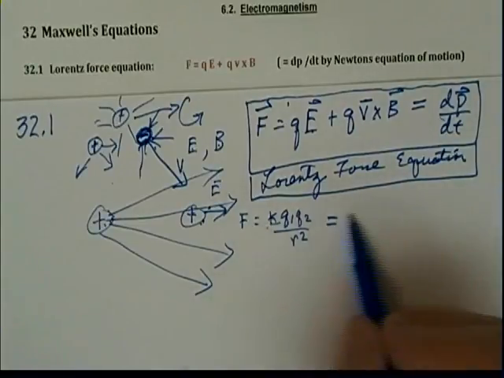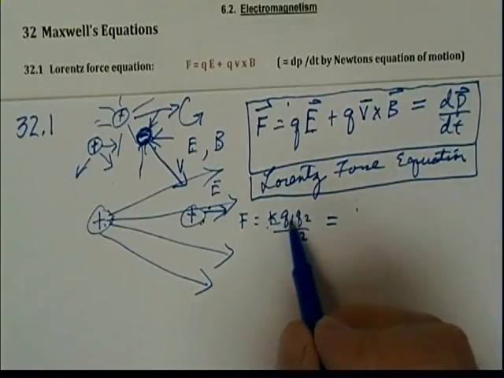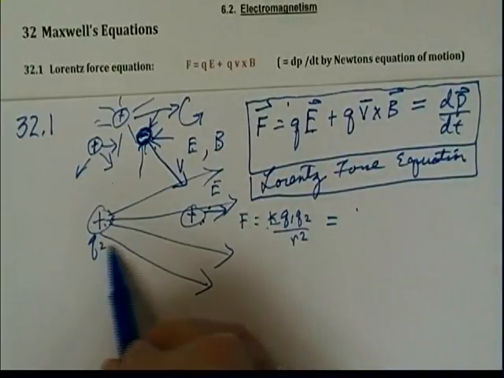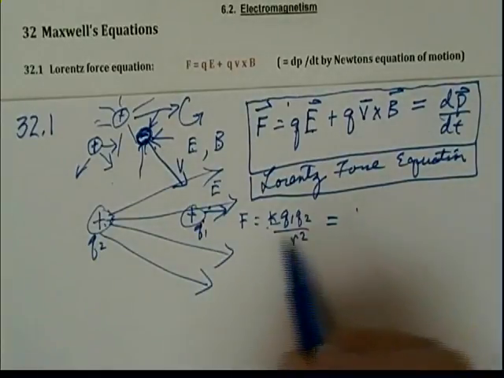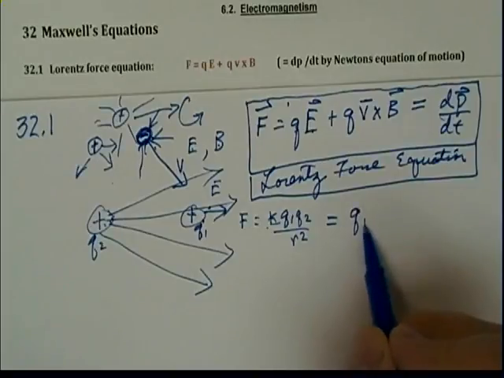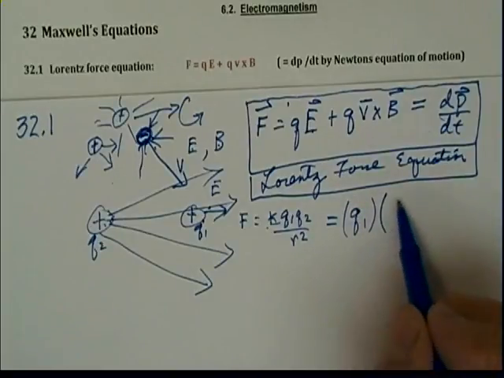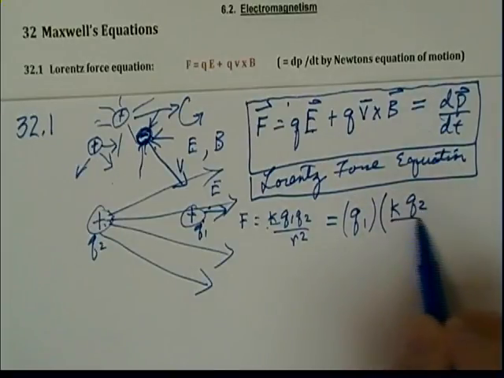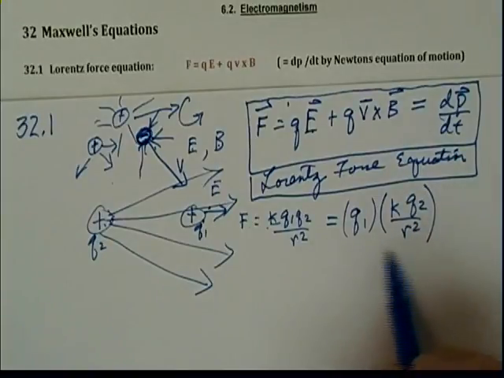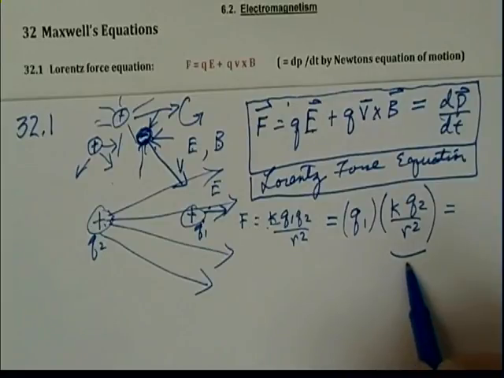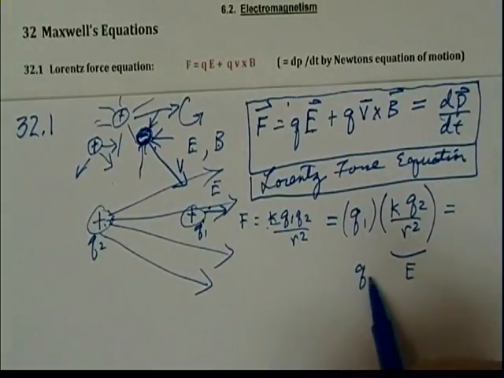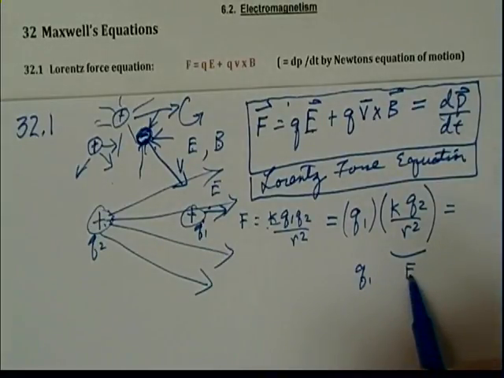Therefore, in this force equation, if we call this Q2 and this Q1, we broke it up into 2 parts: a Q1, a charge, times K Q2 over R squared, and said, this is the electric field, and this is the charge that finds itself in that electric field.